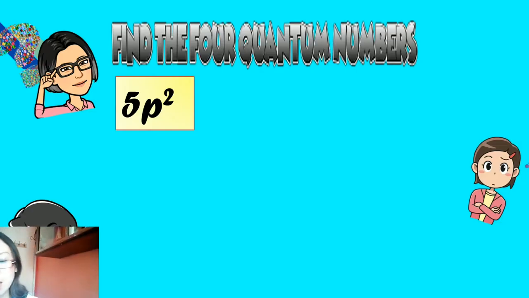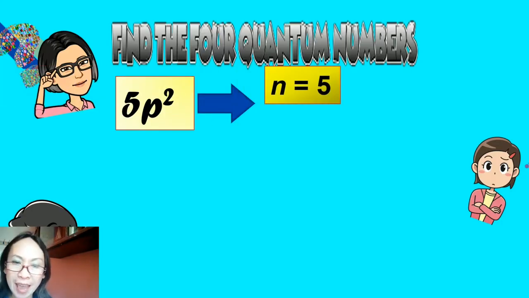Okay, I think you are now ready for the answers. You're done? So let us check one by one. So for the n, the principal quantum number is equal to 5. Why? Because we have to look at the last main energy level, which is 5. That's why we have the value 5.